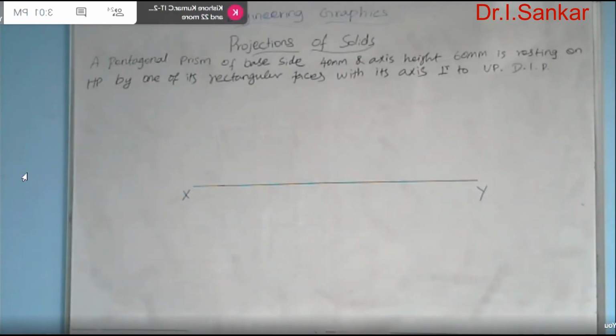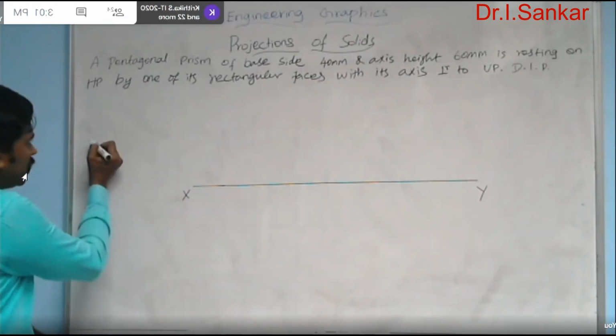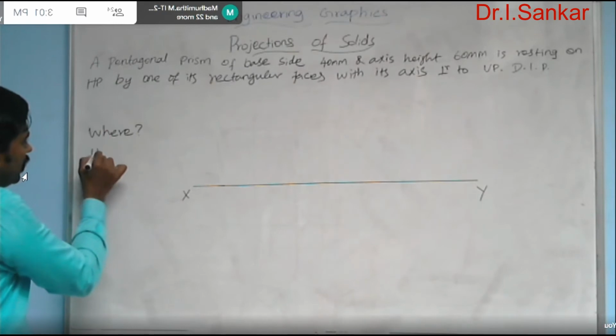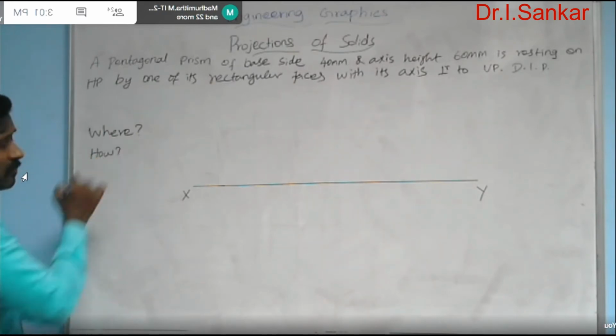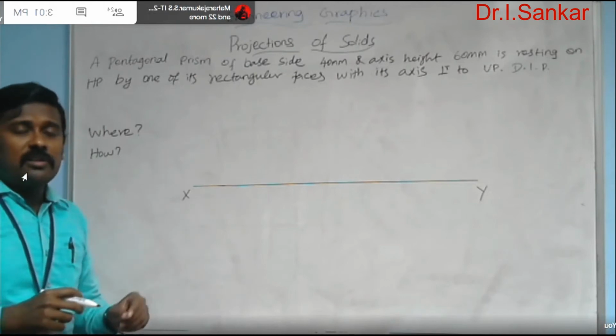It is our XY line. Now first, the 2 checkpost questions we need to face: where and how. First, what is where? Where should be the base.